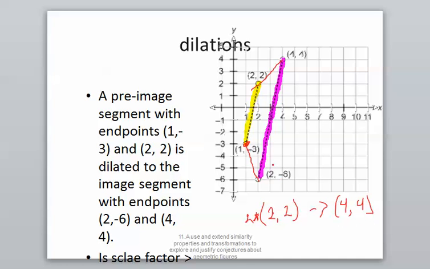Let's try it on the other one. 1 times 2 gives me a 2. -3 times 2 gives me a -6. And that would work. Okay? So my scale factor is 2, because it doubled everything. Cool? You seeing how that works?